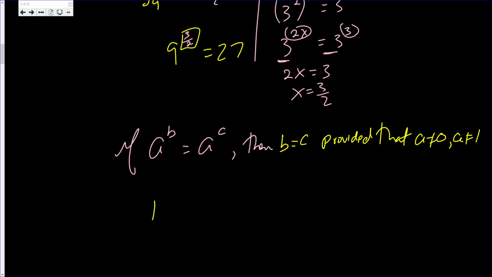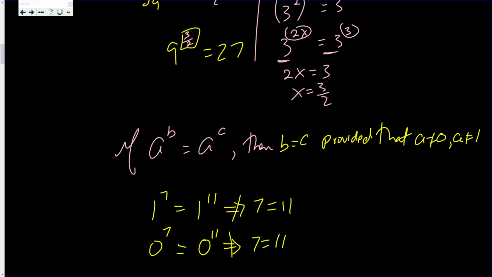See, remember, 1 to the 7, which is 1, is equal to 1 to the 11. But this does not imply that 7 equals 11. 0 to the 7 is 0. 0 to the 11 is 0. These are equal. I'm not going to argue that. But it does not imply that 7 equals 11.